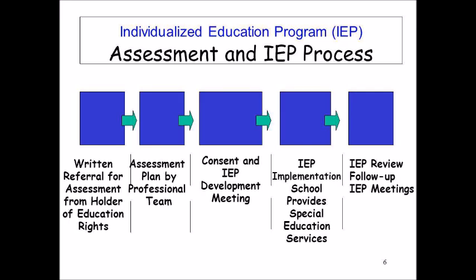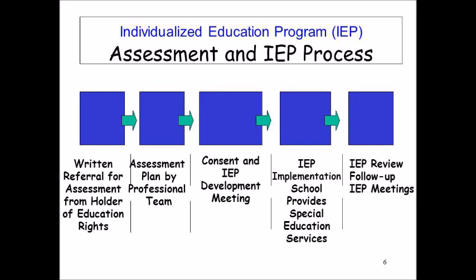Step 3. Eligibility is decided. A group of qualified professionals and parents look at the child's evaluation results. Together they decide if the child is a child with a disability. If the parents do not agree with the eligibility decision, they may ask for a hearing to challenge the decision.